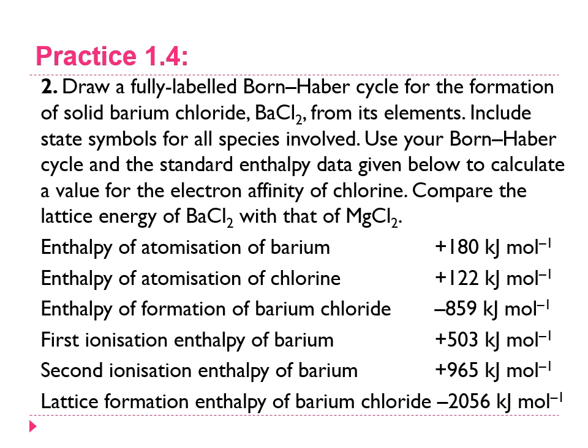So you have to find the value of electron affinity, and then you have to comment on why lattice energy of barium chloride is different from magnesium chloride. So you should get the answer for electron affinity of chlorine is negative 347 kilojoules per mole.